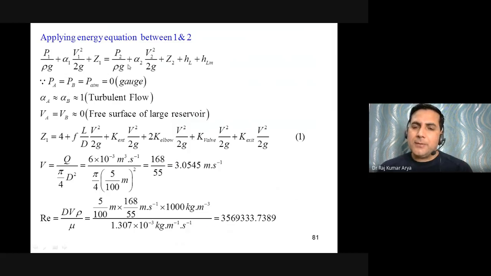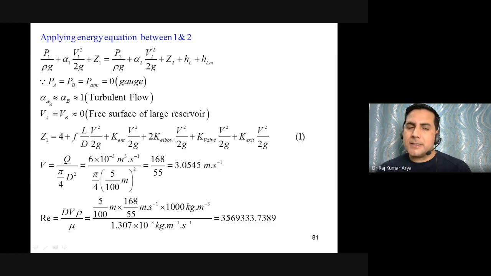Procedure is the same for this also. You apply the energy equation at point 1 and point 2. Same consideration here because both the tanks are open now. So P1, P2 equal to P atmosphere equal to 0 in terms of gauge.